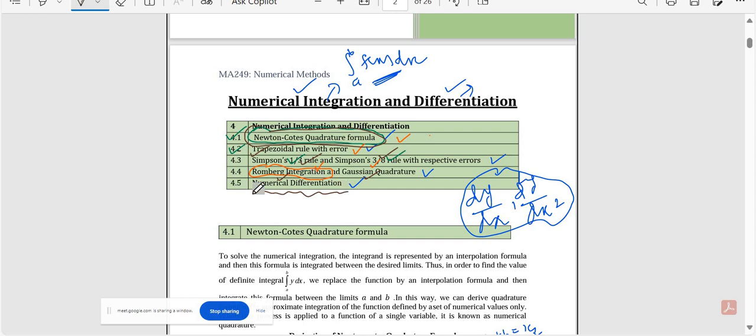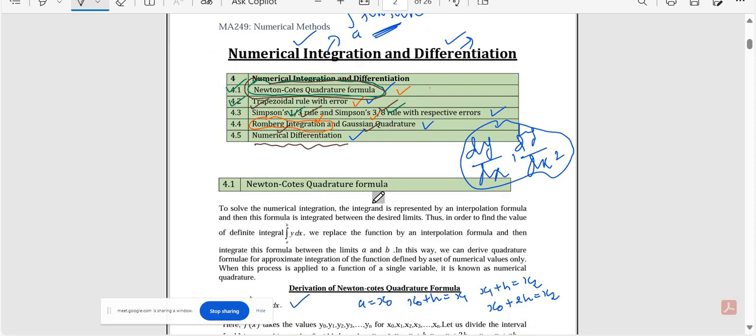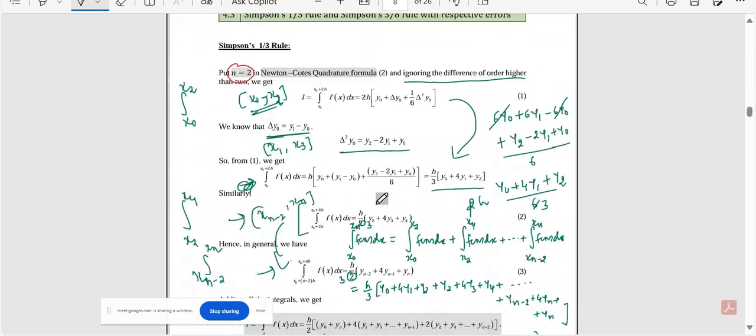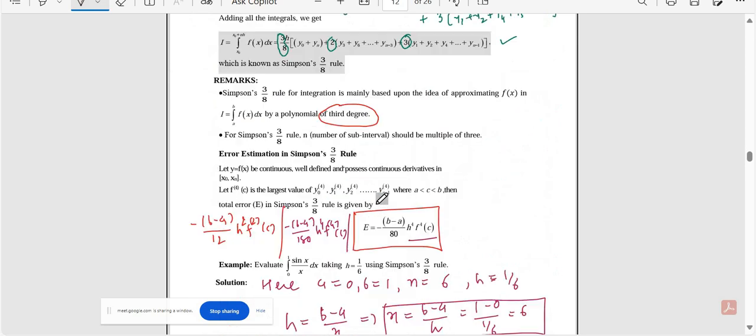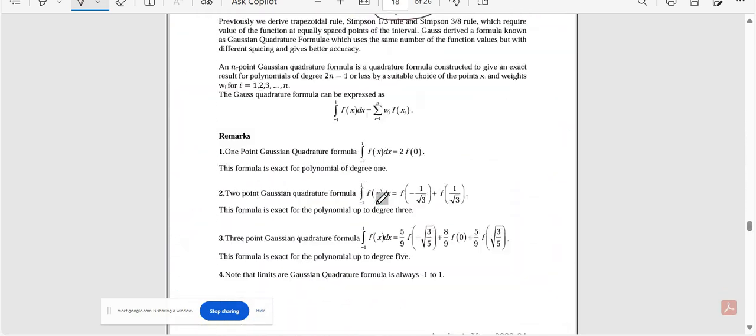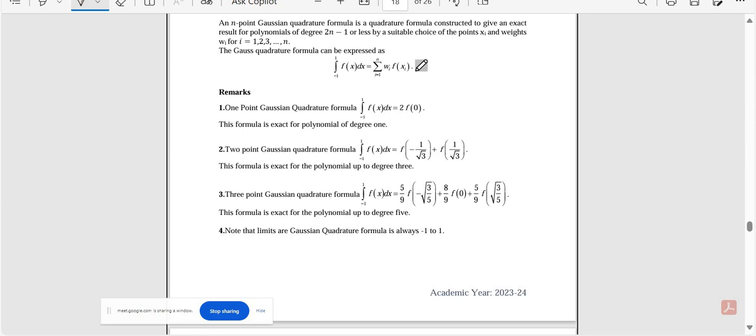I am not considering that here, because we already learned that. So the new formulas for finding the integration are 5 in this unit. Okay, everybody? Yes, sir. Okay, so we go for that formula.